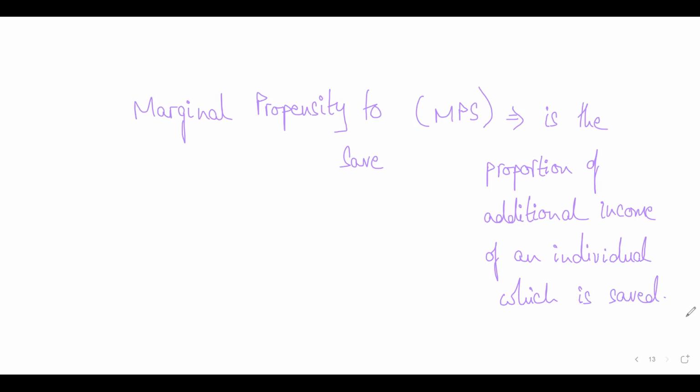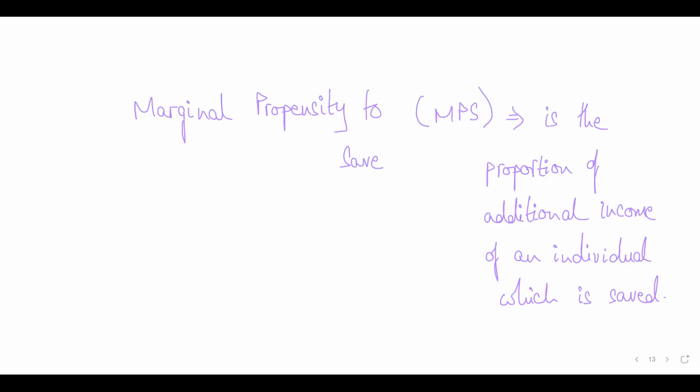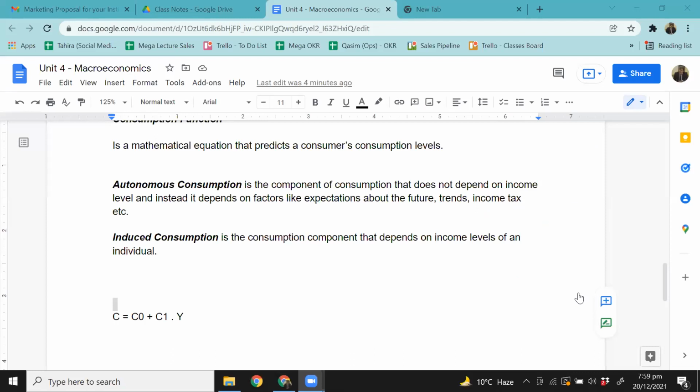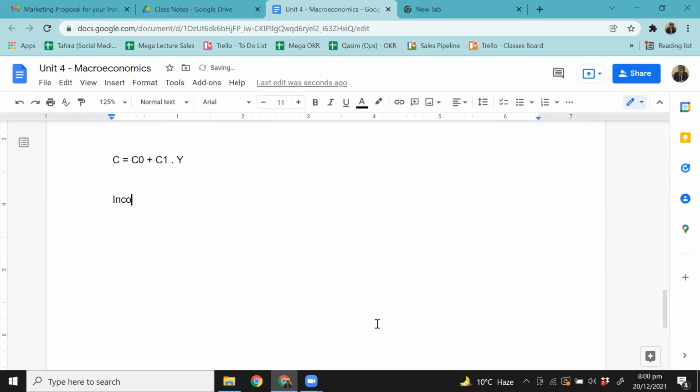I'll write this down. What is marginal propensity to save? We just talked about it: it is the additional income that is saved. The first formula that we wrote was income equals consumption plus savings.